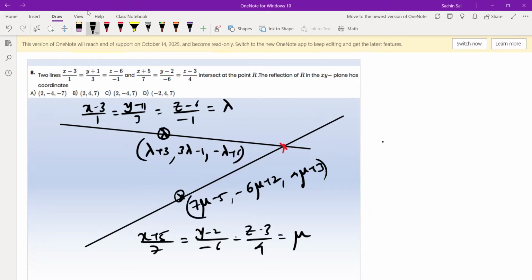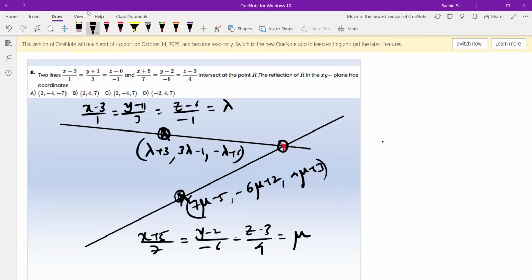Now, for the point of intersection, it should be of the form (lambda plus 3, 3 lambda minus 1, minus lambda plus 6). It should also be of the form (7 mu minus 5, minus 6 mu plus 2, 4 mu plus 3). That means for some value of lambda and some value of mu, both the general points coincide. And when they coincide, they will represent the point of intersection.